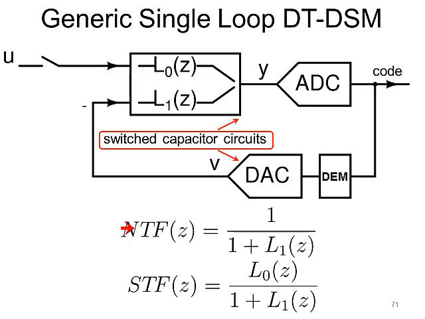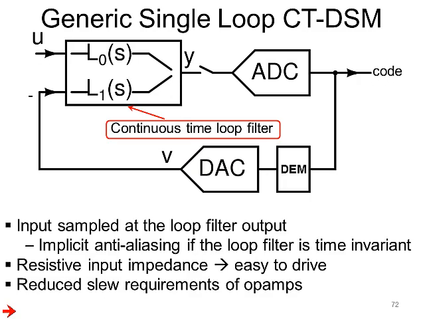In a discrete time realization of the loop, the loop filter and the DAC are realized using switch capacitor circuits. It is also possible to realize the loop filter using continuous time circuitry, and then the sampling occurs at the output of the loop filter rather than at the input.